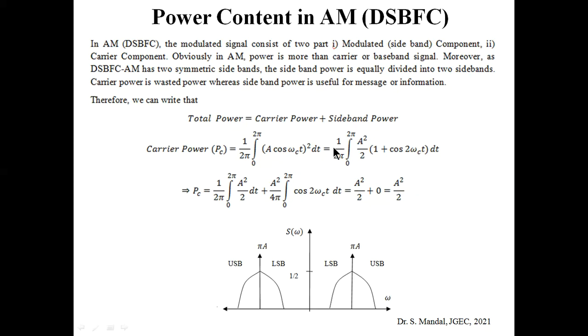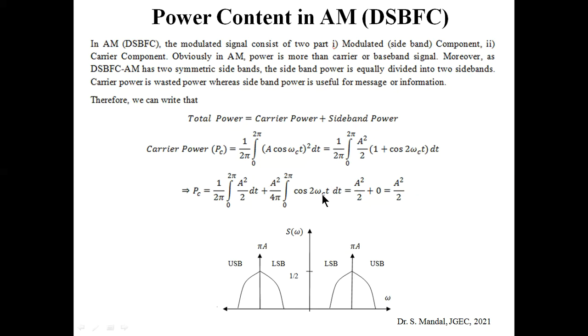Okay, so now cos square omega c t can be expressed as 1 plus cos 2 omega c t by 2. So we have written 1 by 2 pi integration from 0 to 2 pi A square by 2 into 1 plus cos 2 omega c t dt. So Pc can be written as like this: 1 by 4 pi integration 0 to 2 pi A square dt, and similarly A square by 4 pi integration from 0 to 2 pi cos 2 omega c t dt.